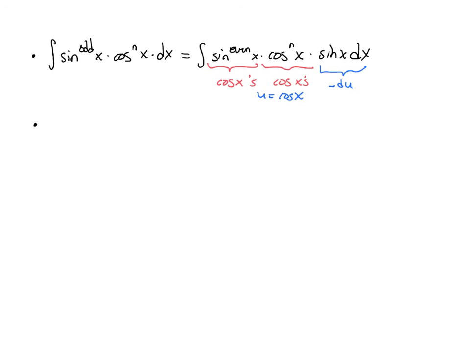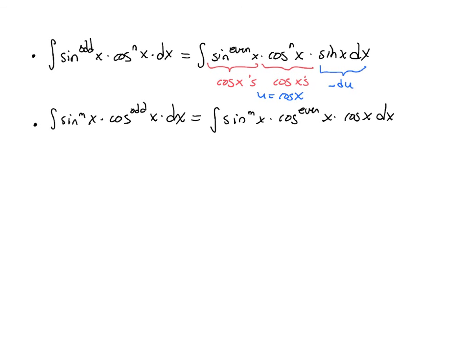If instead the power on cosine is odd, so sine to the m x, don't care what m is, cosine to the odd power of x dx, you're going to do a similar thing, but you're going to factor out a single power of cosine. So we have antiderivative sine to the m x cosine to the even power x cos x dx.